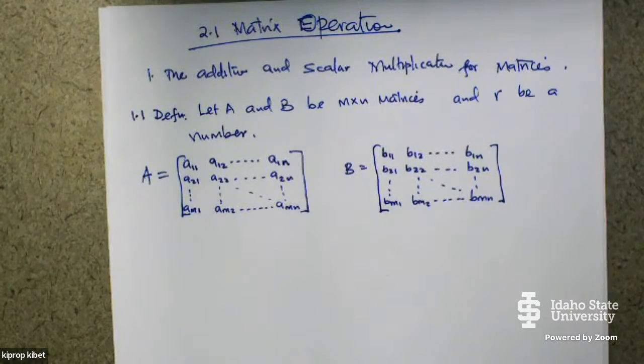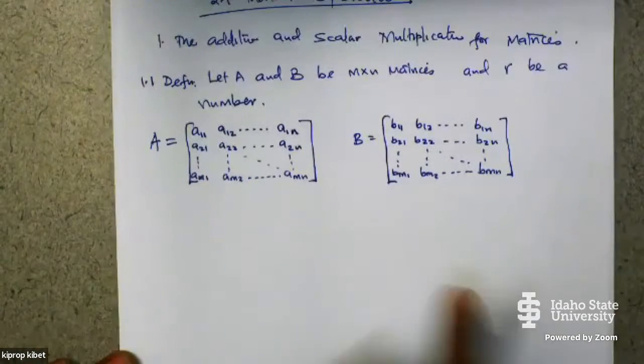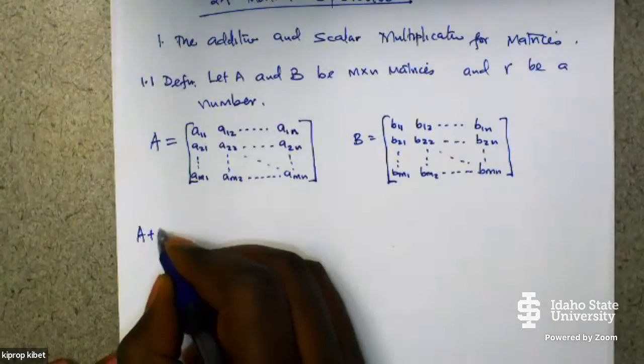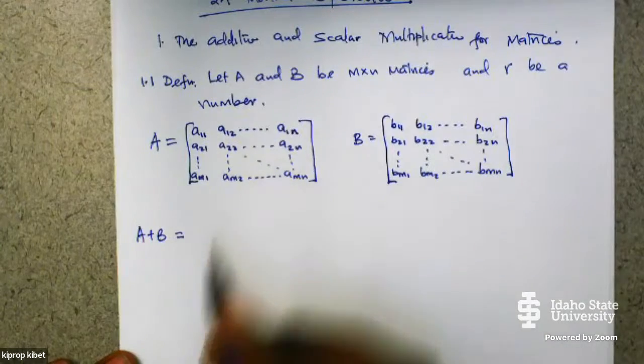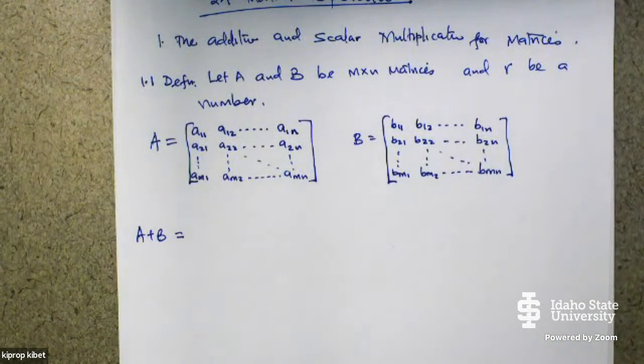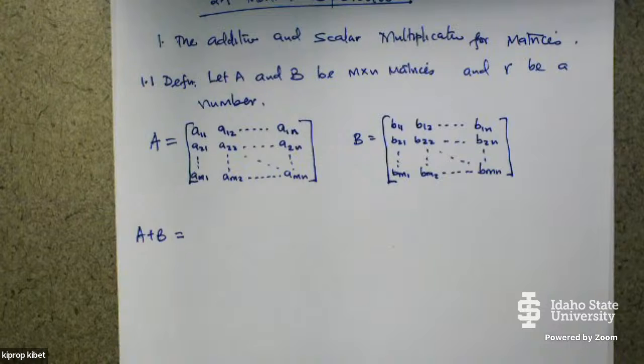Now, if we add the two matrices, A plus B, we add each of the entries.